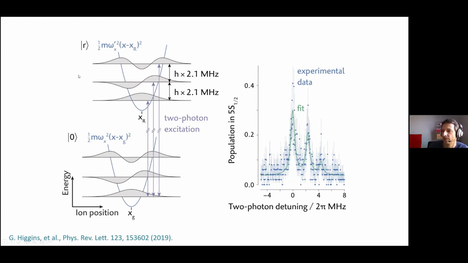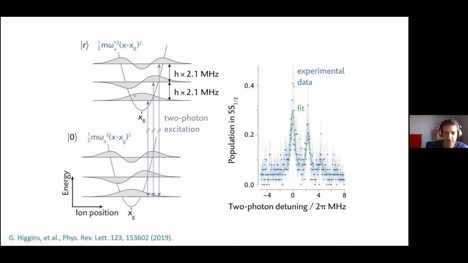And since the ground state potential is different from the Rydberg state potential, the shift will be slightly different if you apply such a force. Which means if you're not perfectly micromotion compensated, the ground state potential and Rydberg state potential will be slightly shifted with respect to each other.